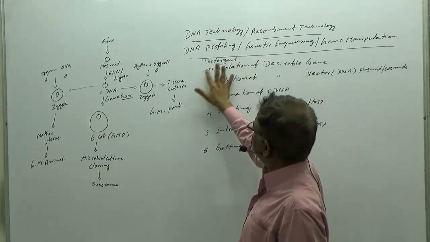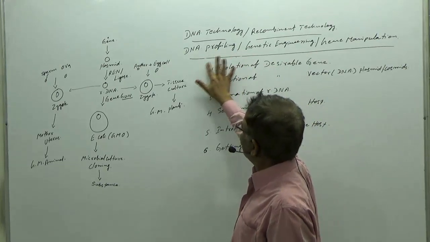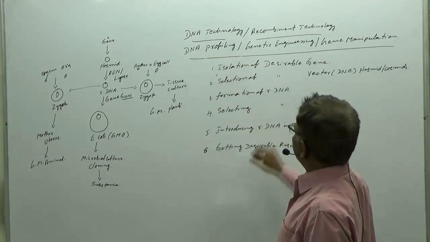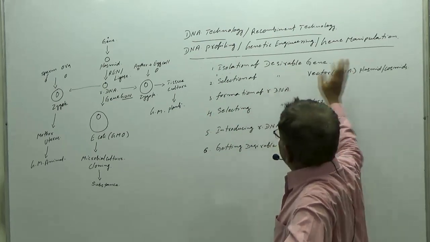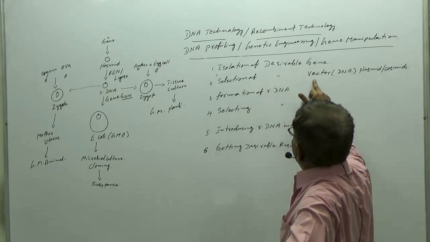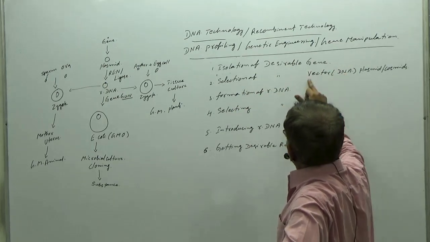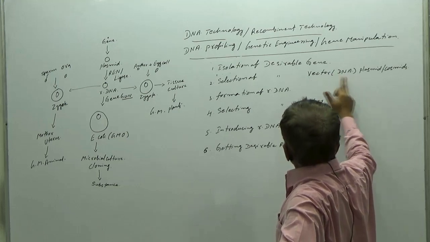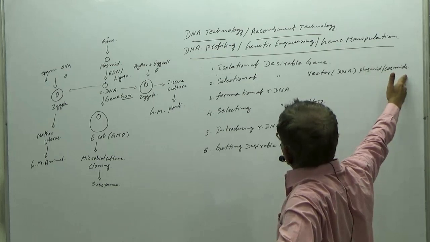In this process, some steps are involved. What are they? First, isolation of a desirable gene. Second step, isolation or selection of a desirable vector. The vector is also DNA present in microorganisms, known as plasmid. The artificial ones are known as plasmids.